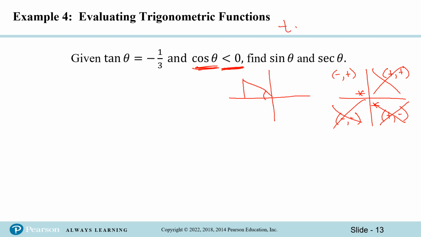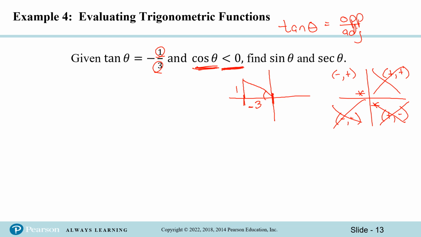Remember the tangent, which is what I was blanking on, is opposite over adjacent. So my opposite is going to be the number on top, and the adjacent is going to be the number on the bottom. So opposite is going to be 1, and adjacent is going to be 3. But because this measures my x, and my x is going in the negative direction, I'm going to put a negative 3 there.